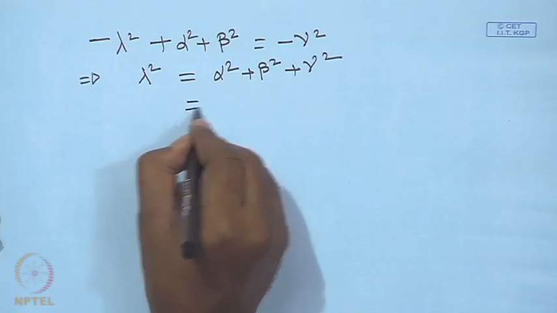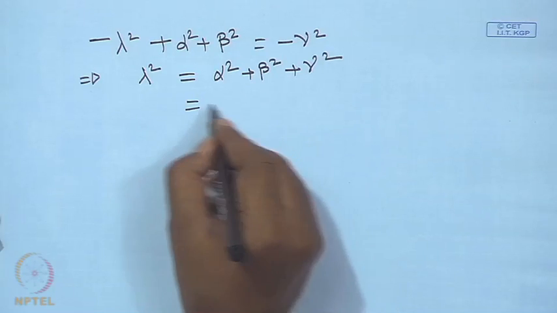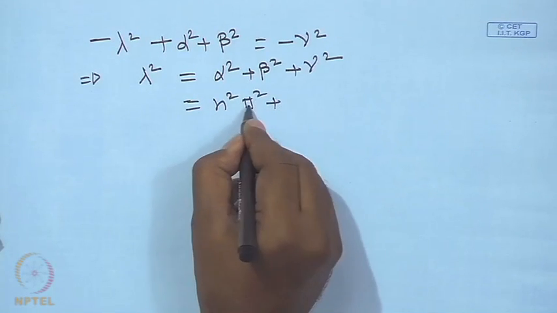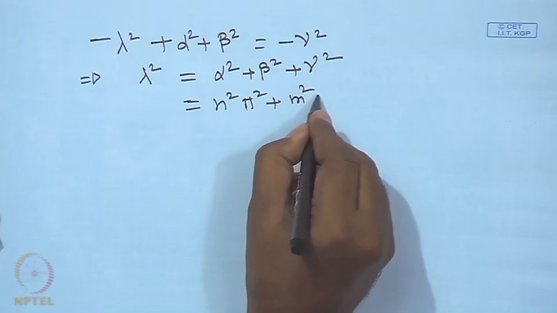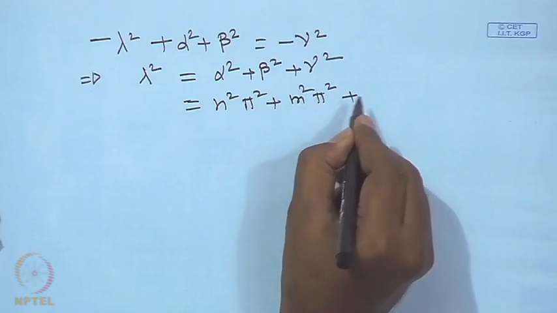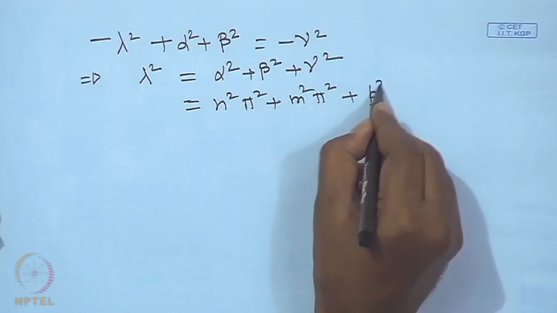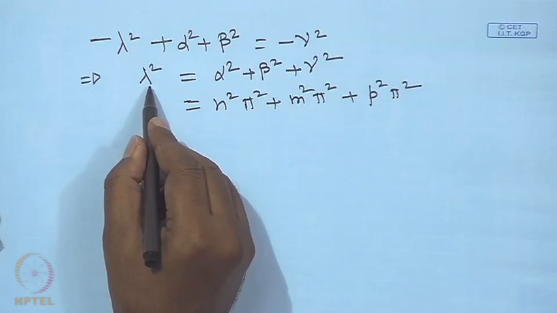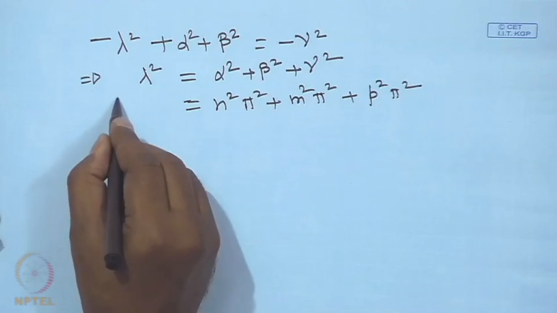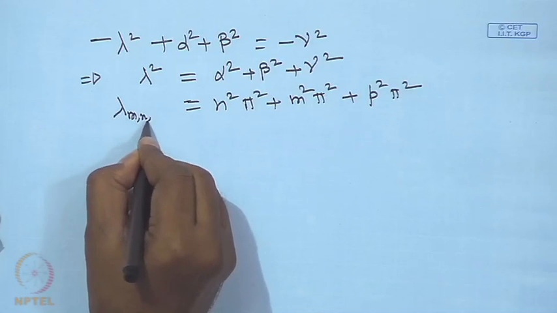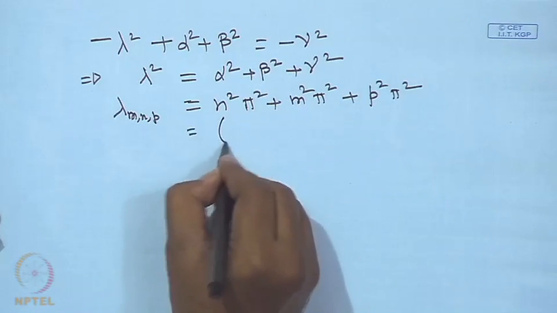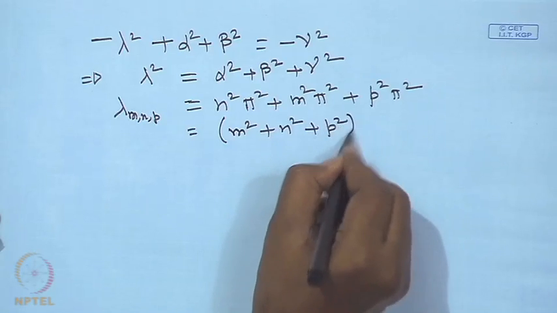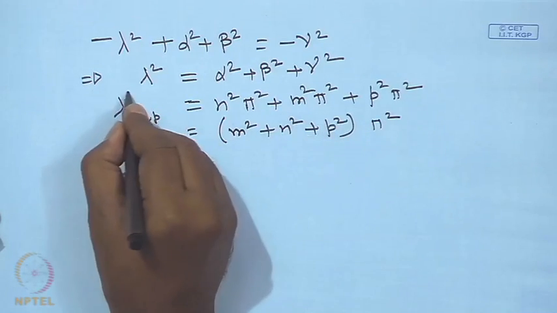If you put the values of alpha, which is n square pi square, beta, which is m square pi square, and gamma, which is p square pi square, and we put a subscript lambda m n p, this becomes m square plus n square plus p square pi square, lambda square.